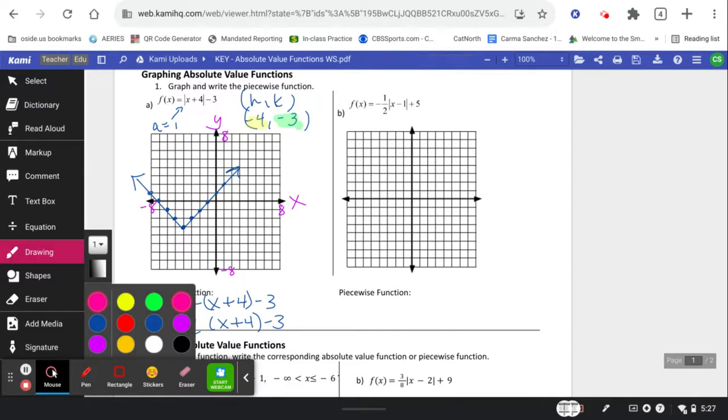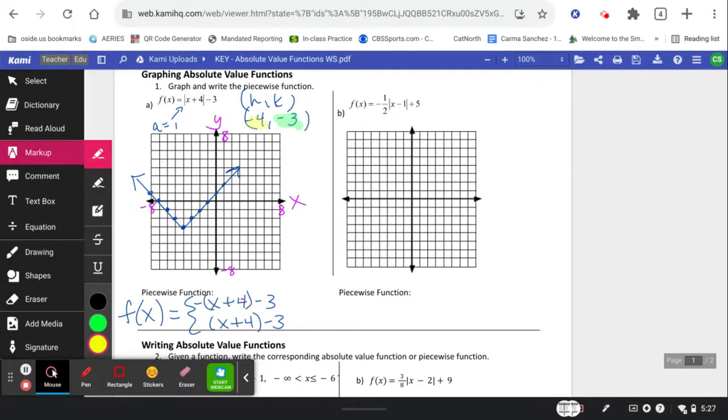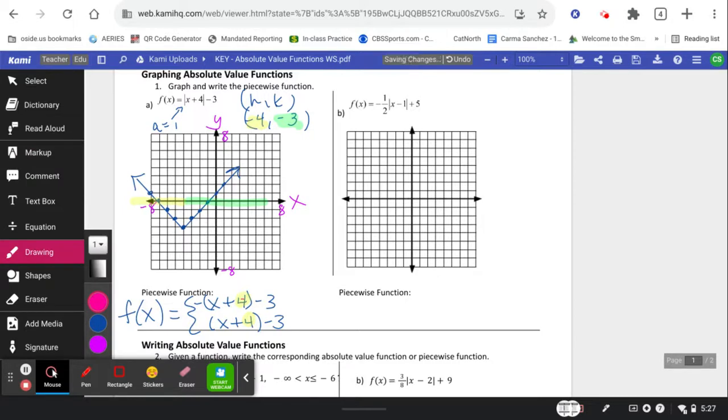Now we need the domain. And the domain is dependent right here on this little 4. Because what's happening up until -4, and then what's happening after -4, that's our break in the domain. So we're going to say that this negative sloping function is happening from -infinity up to -4.